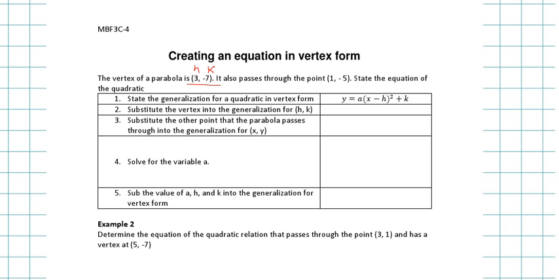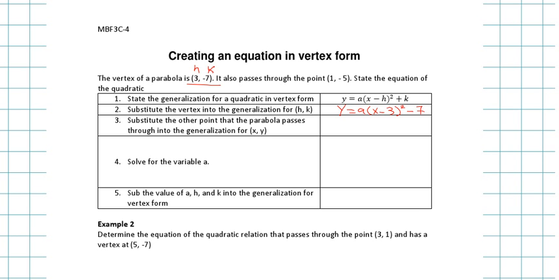Nothing's going to change except the h and the k. You see that your vertex is actually 3, but how it appears in your equation, it's going to appear as -3. And we know that the h is opposite to what we see.